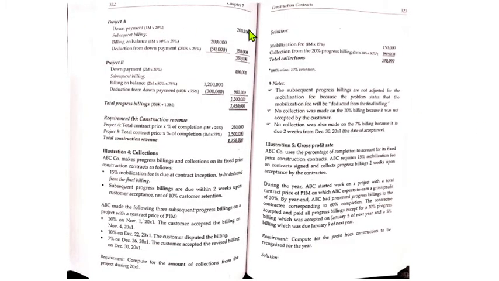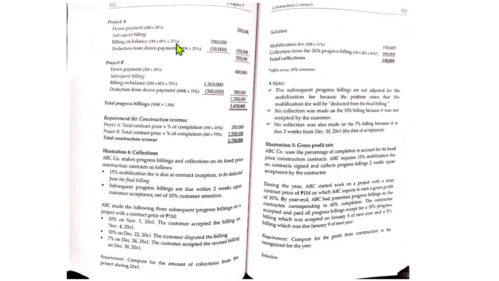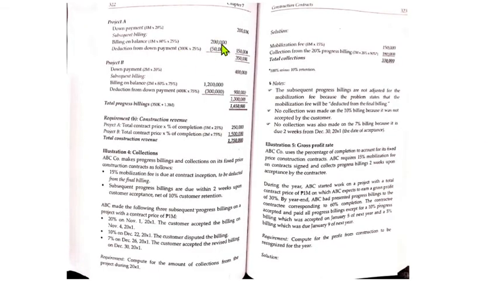The down payment for Project A is 1 million times 20%. That is 200,000. Then, yung subsequent billing, ito yung tinutukoy dito, yung the balance. Yung 80% noon will be based on your percentage of completion. So 1 million times 80% times 25%. 25% is your percentage of completion for A. So 200,000 po 'yon.